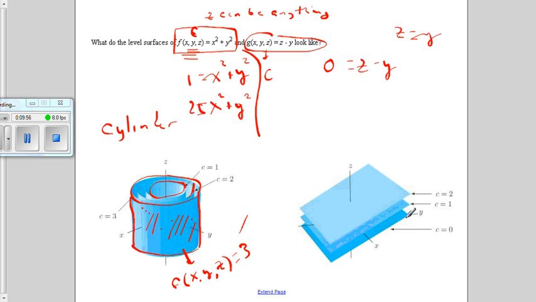So everywhere on this plane has the dependent variable equals 0. And then we could let the dependent variable equal 1, and we get 1 equals z minus y again. Or we could rewrite that as z equals 1 plus y. And that's this curve here.